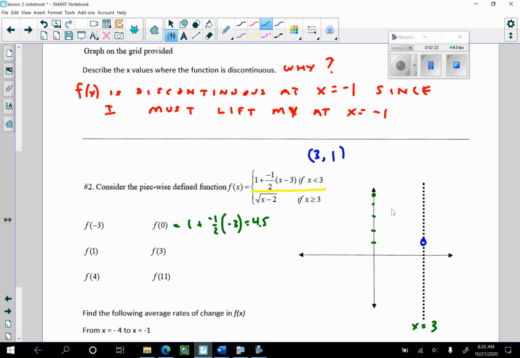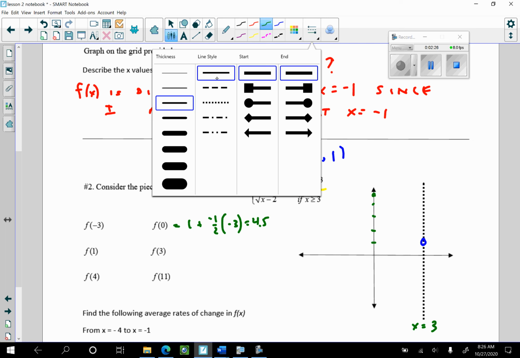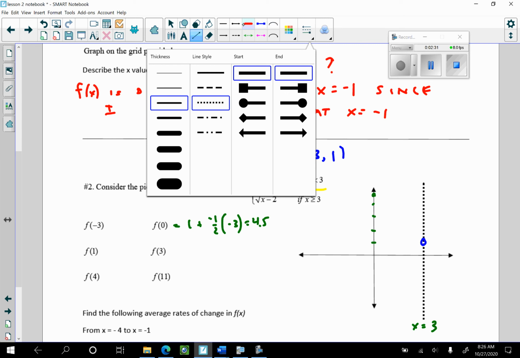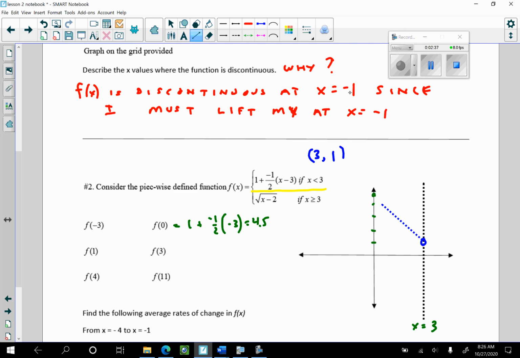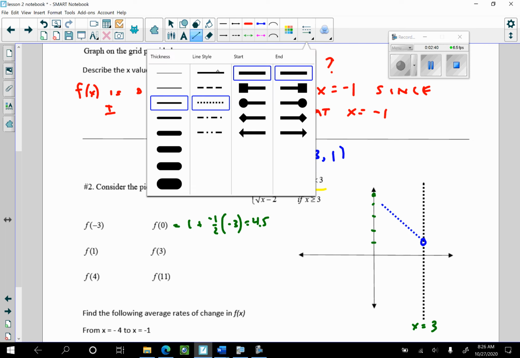And now I'm just going to graph the line. Let's graph the line in blue. I want a solid line.